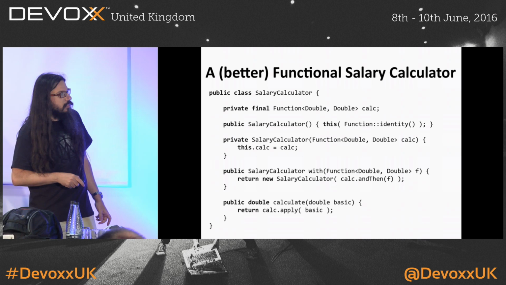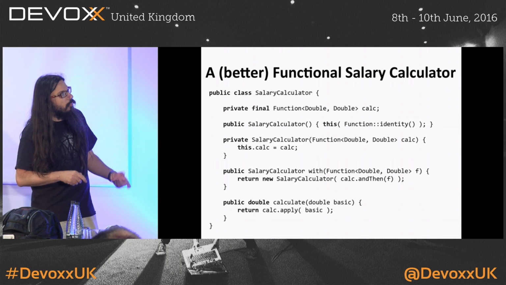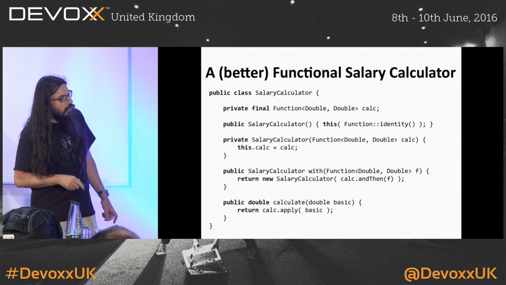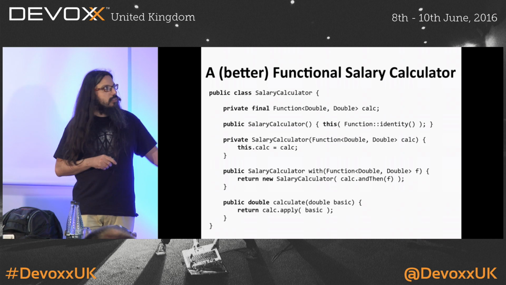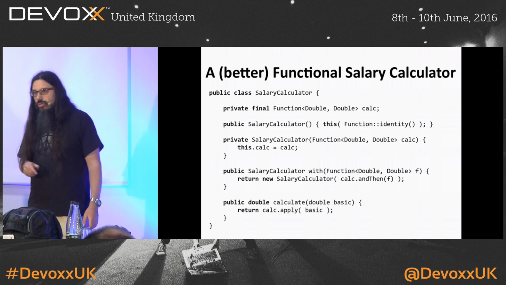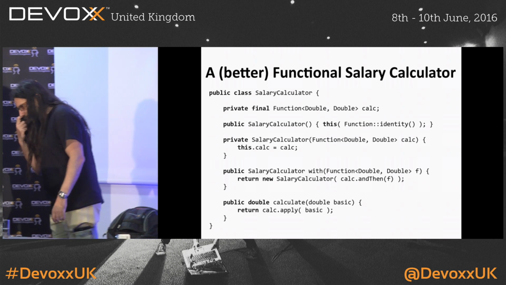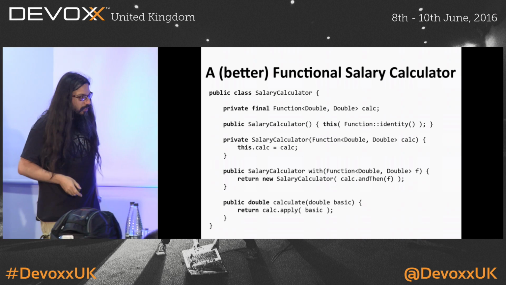Here, when I say with, I create a new salary calculator by directly composing this function and the one passed here. So when I say calculate, I just say apply, because this function already contains the composition of all the other functions. Okay.